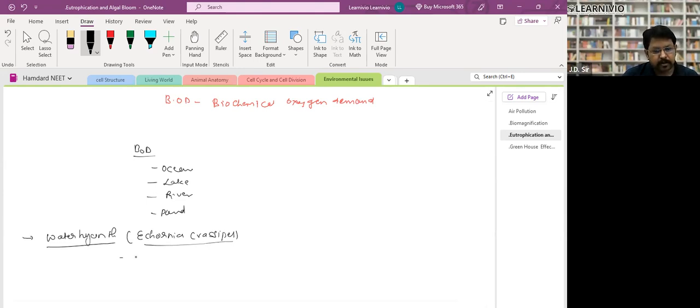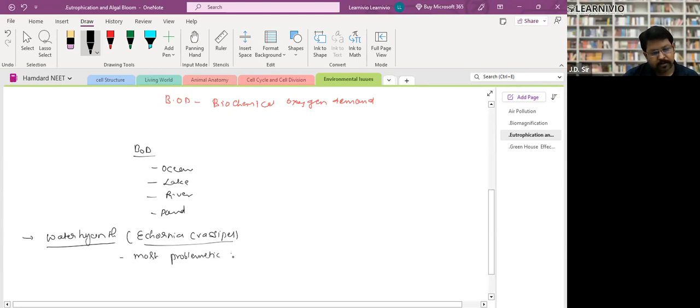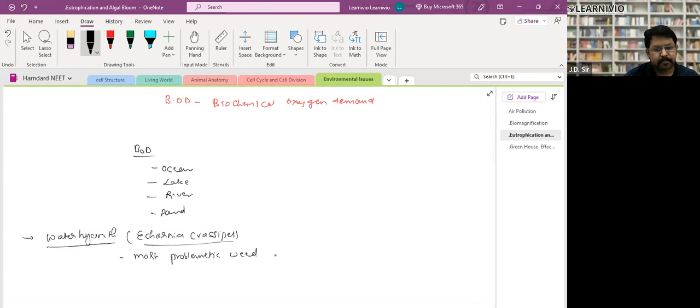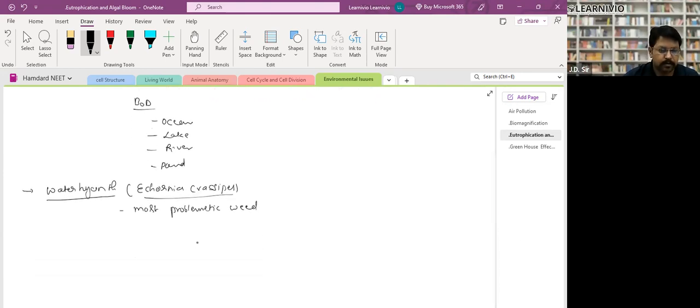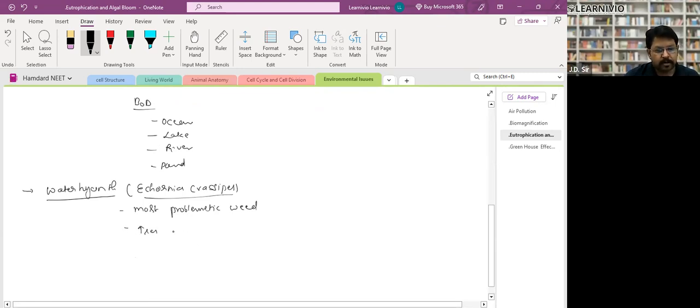This is the most problematic weed. It increases BOD. And it is responsible for death of underlying animal in lake. Write it down. Underlying animal in water.